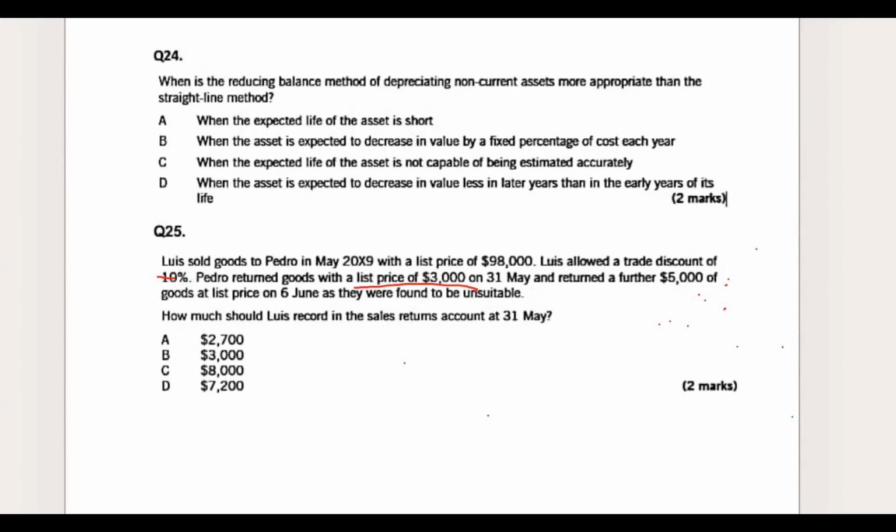You get that, right? Therefore, the discount will be reduced from the amount. The discount should be removed from the list price, because the list price is never inclusive of the discount. Did you get that?